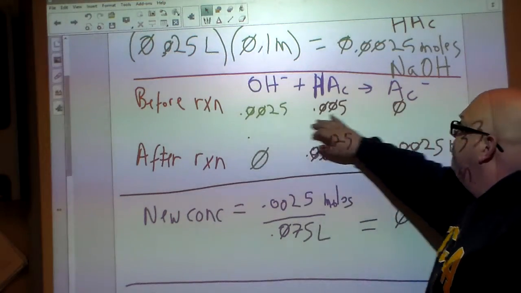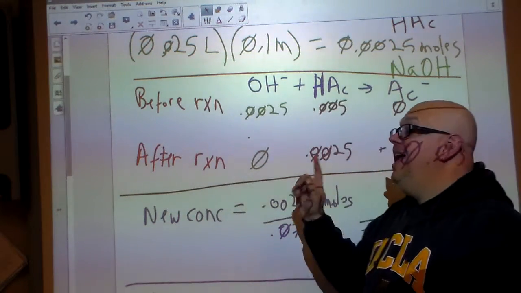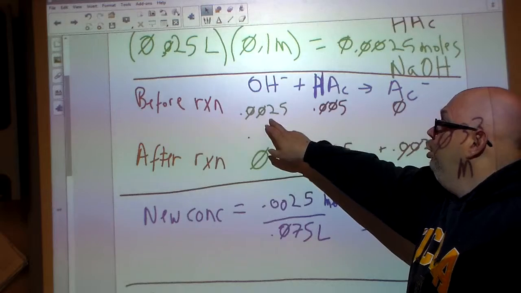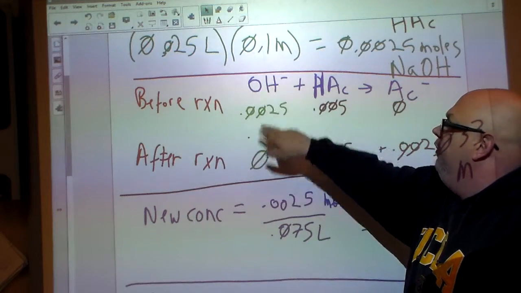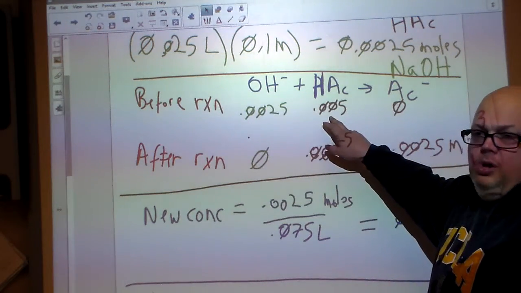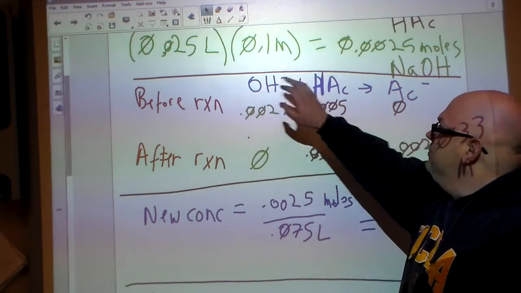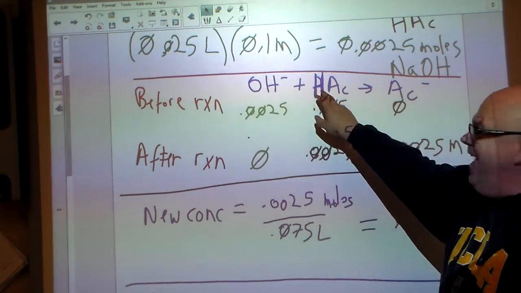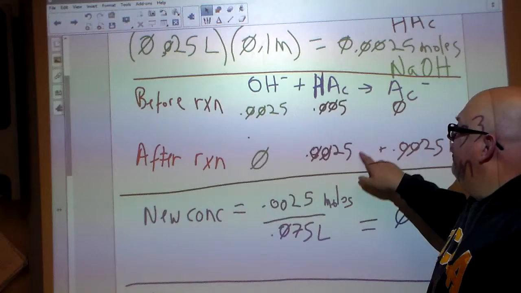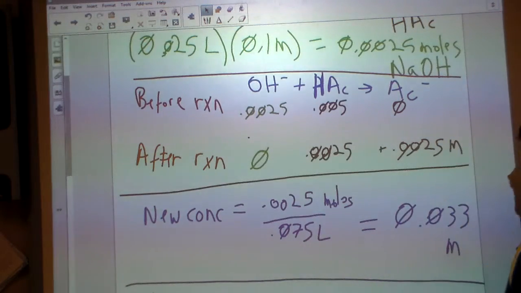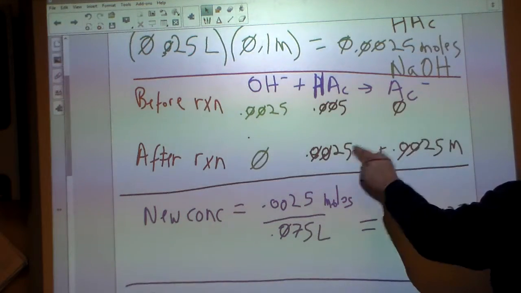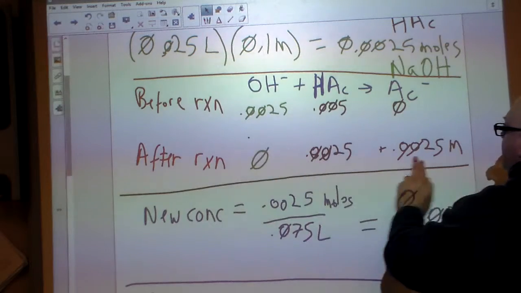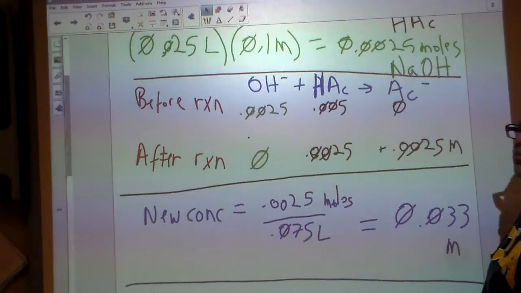When the reaction's done, we lose the 0.0025 moles of OH, and so will our acid, because the OH will take the proton from the acid. That's why we're going to have 0.0025 left. Our acetate on the other side gains what the acid loses.